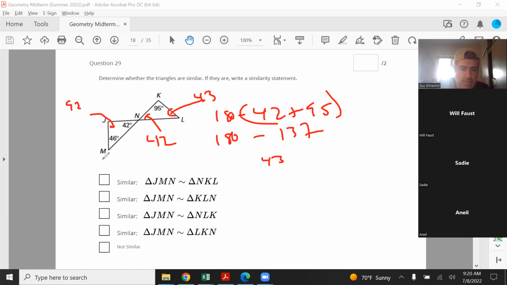Yeah, clearly these are not similar, because you need all the angles to be the same.